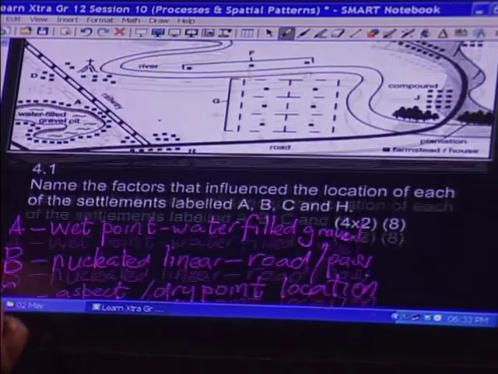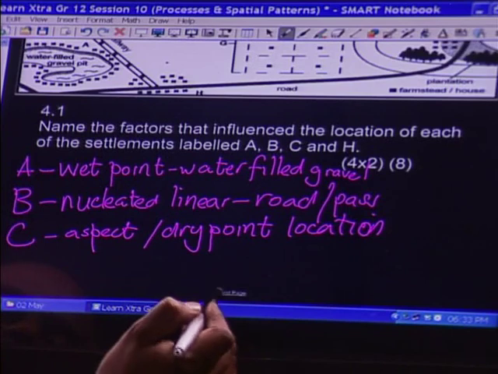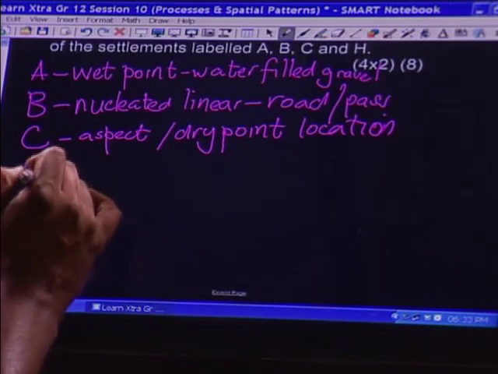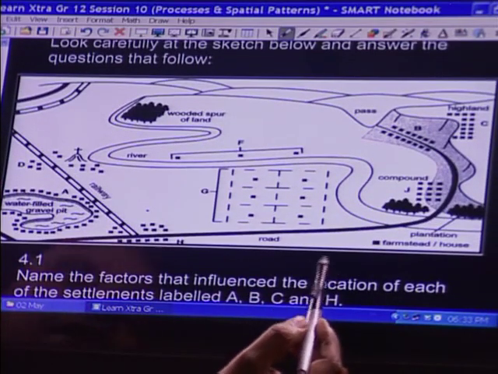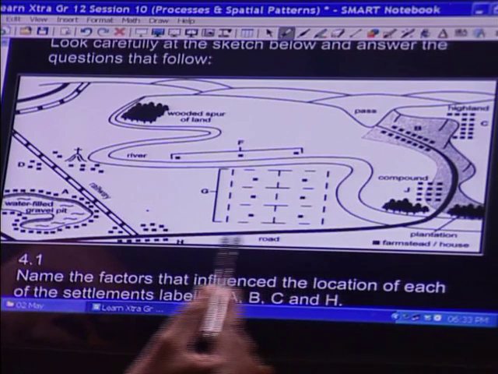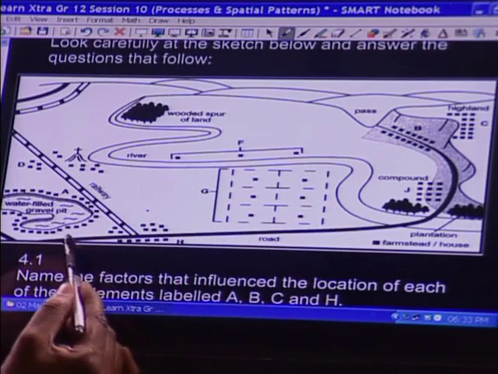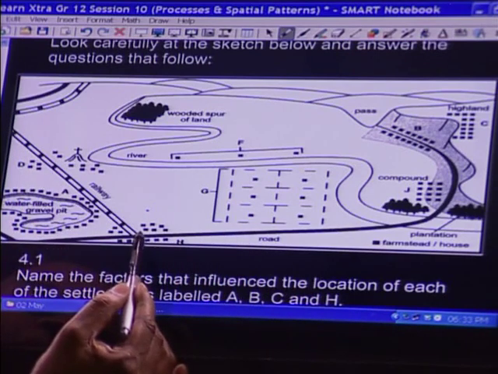The last settlement that we'll identify is settlement H. If we refer to settlement H, it is located at the intersection of a railway and a road.